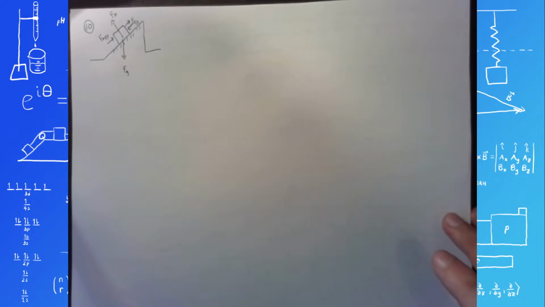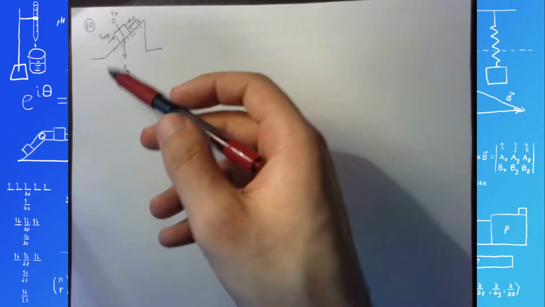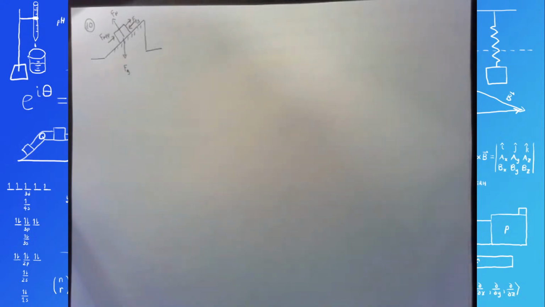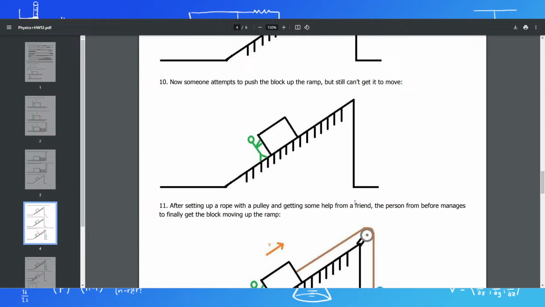And you would have to justify in words that this diagram is when the applied force is too high, this diagram is when the applied force is too low. So number 10 actually has two possibilities you need to consider. All right, next one.